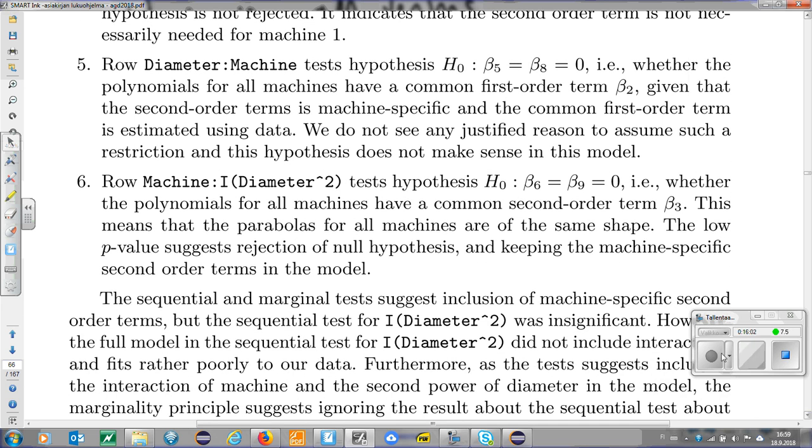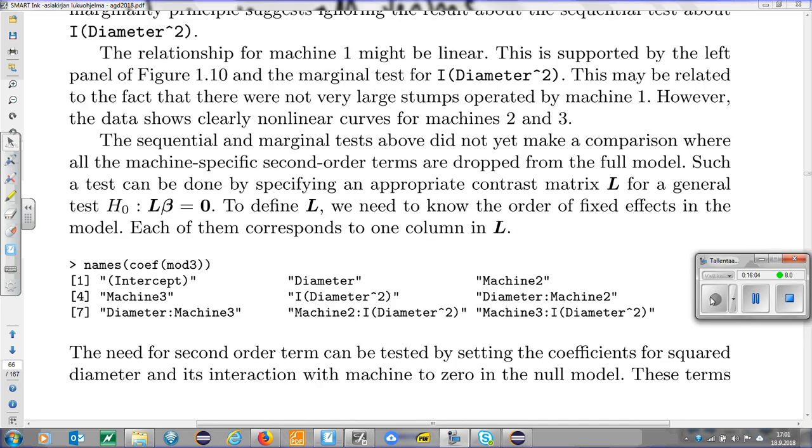So we might be interested to see whether we could drop completely the second order terms from the model. Such a test was not done by the test we did here, but we can do that by specifying an appropriate contrast matrix L for a general test that would restrict all terms that include diameter squared to 0.